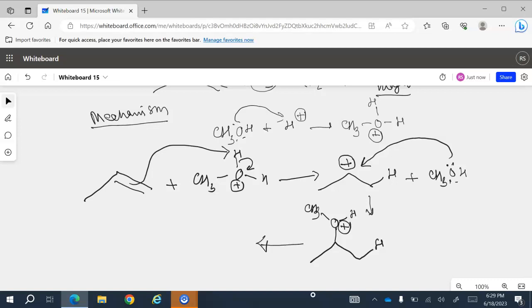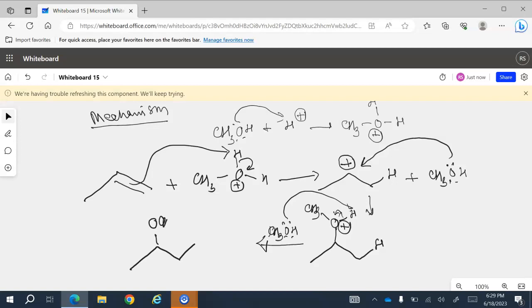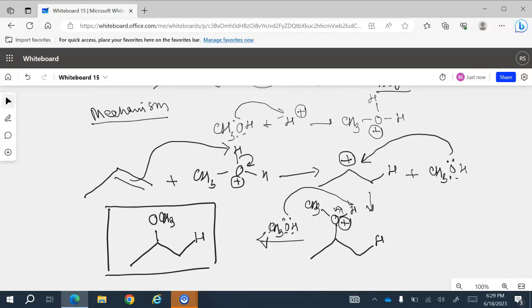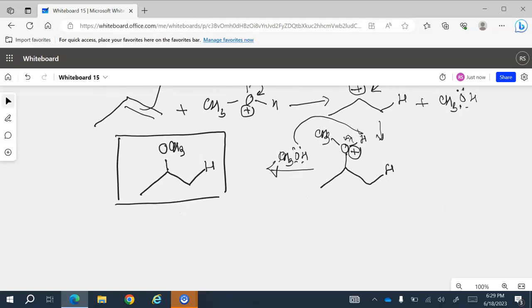And then finally the deprotonation step with another molecule of methanol that will grab the proton and the plus charge will be neutralized. So the result here will be OCH3 on one carbon, hydrogen on the other carbon. This is how the addition of alcohol takes place. So this is how the addition of water and alcohol occur by acid catalyzed mechanism.